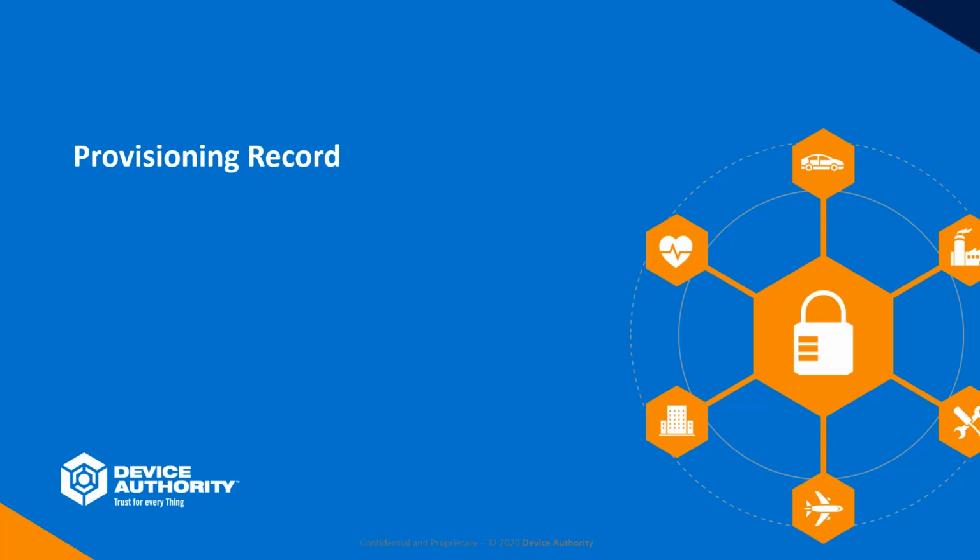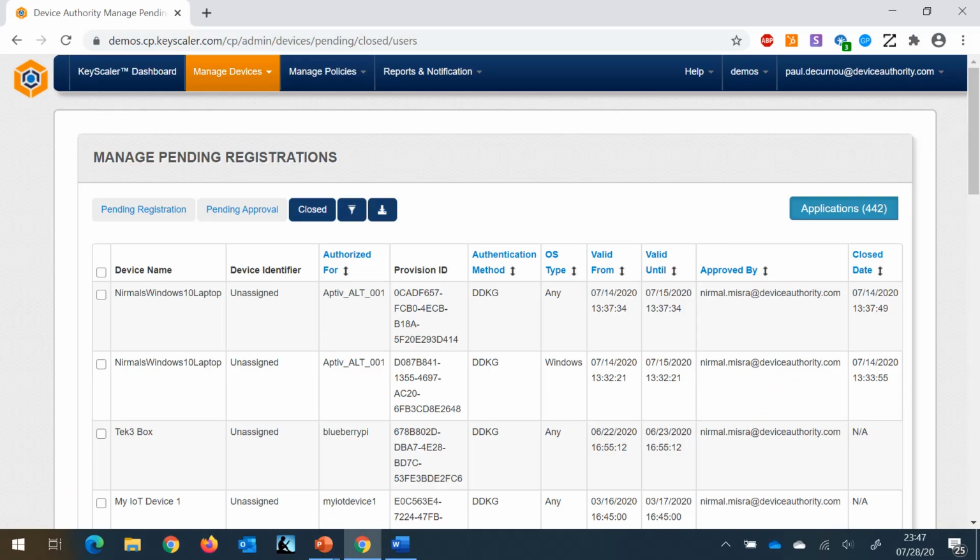Okay, let's quickly look at the provisioning record and getting information on devices as they get provisioned. All right, so here we have an example of what it looks like when you have a device that has gone through the provisioning and finished up the registration process. Obviously, you have the device name here in the left column, the device identifier.